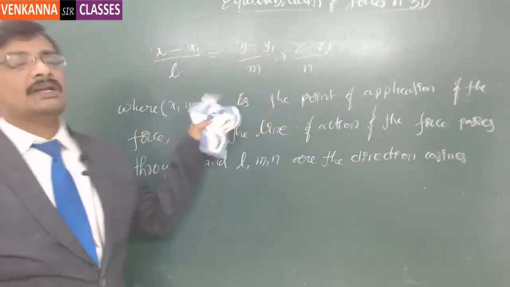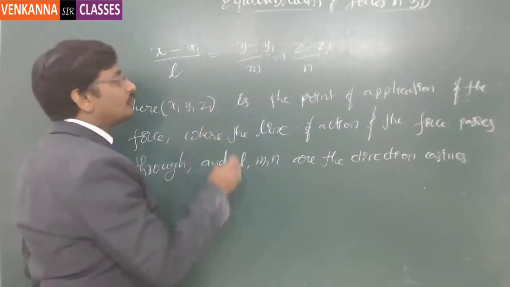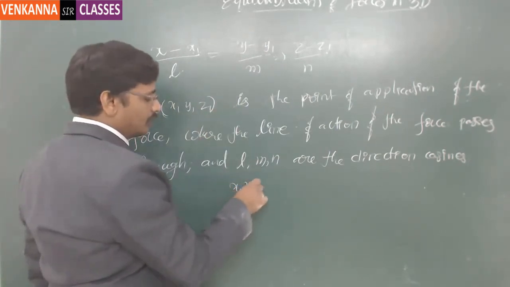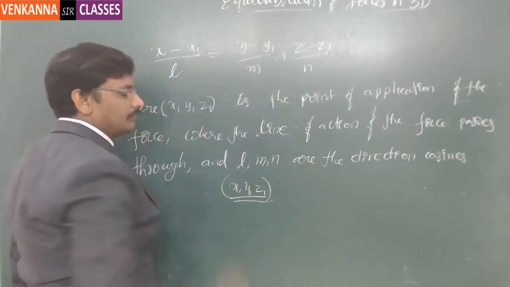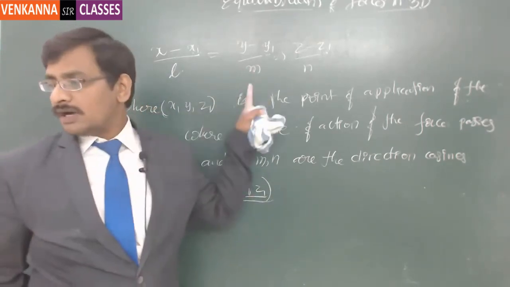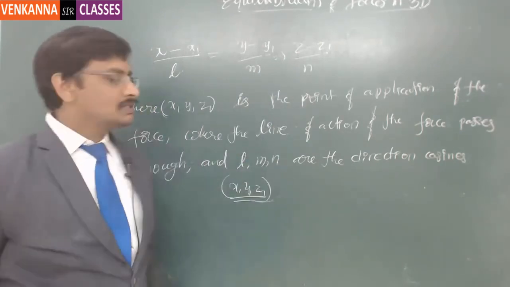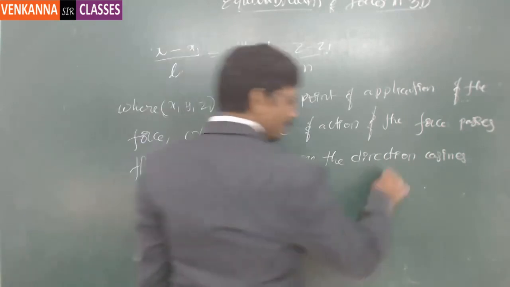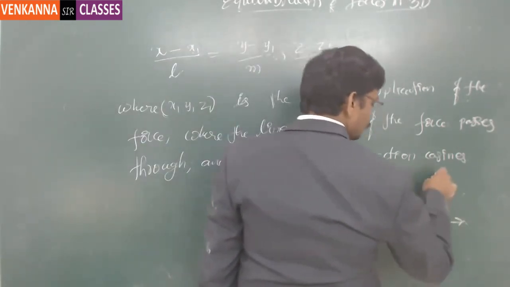So as and when you see this location, you can straight away say that the point of application of the force is x1, y1, z1, and the direction of the force is going to be L, M, N, which will give the cos alpha, cos beta, cos gamma values. So these are the direction cosines. That means if there is a force P acting at one particular location, let us say this is the force acting like this.